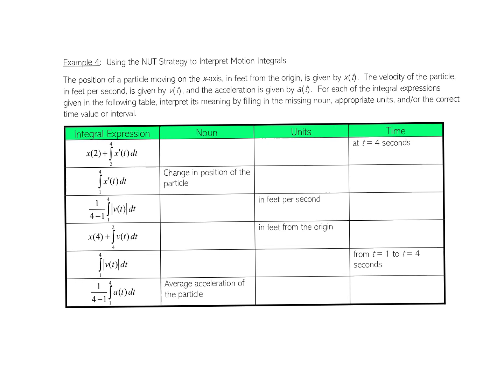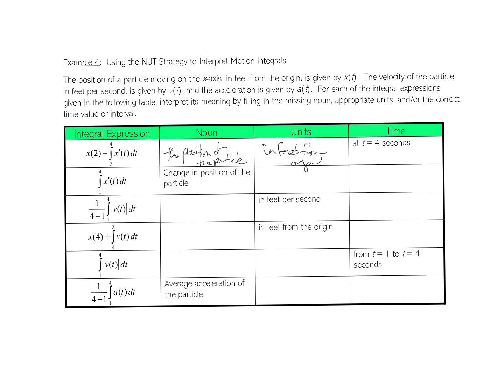So this is the position of the particle, and this is going to be in feet from the origin. And the time is at 4 seconds, because it's going to 4.